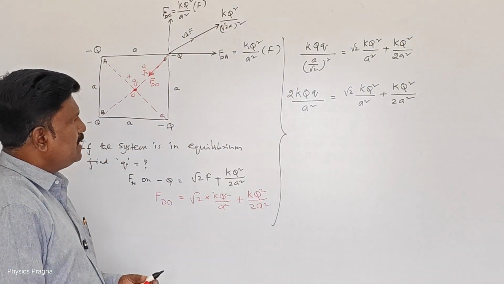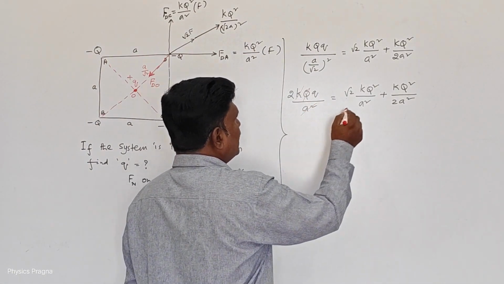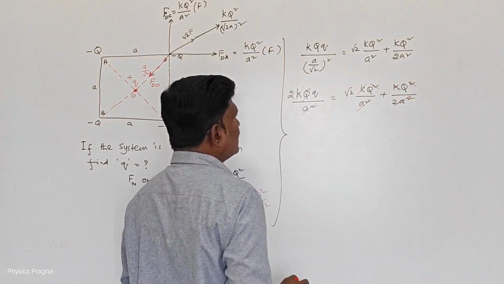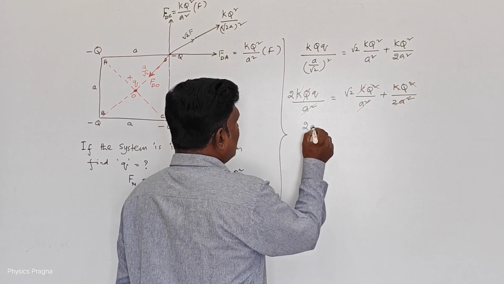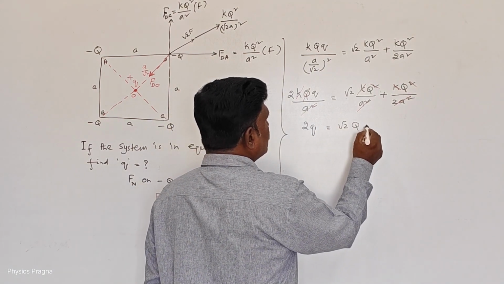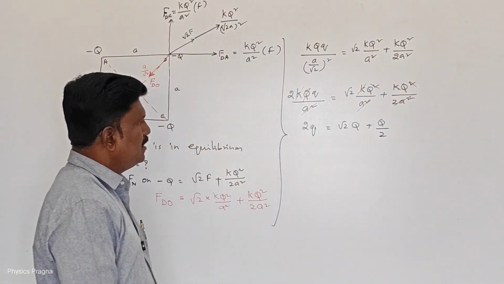Now the common things on both sides, let us cancel: K Q, a square. Then what remains here? 2 small q is equal to root 2 Q plus Q by 2.